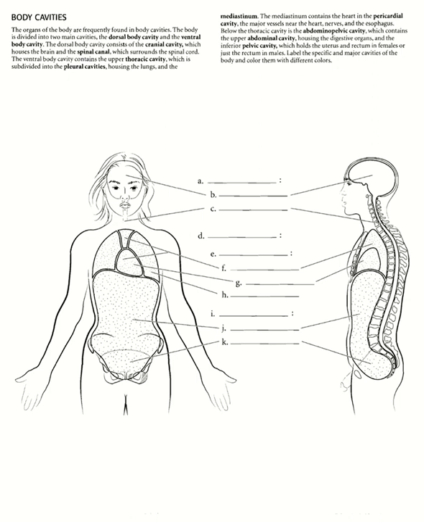So for the back of the body, it's the dorsal body cavity. While the cavities that are in the front make up the ventral body cavity.